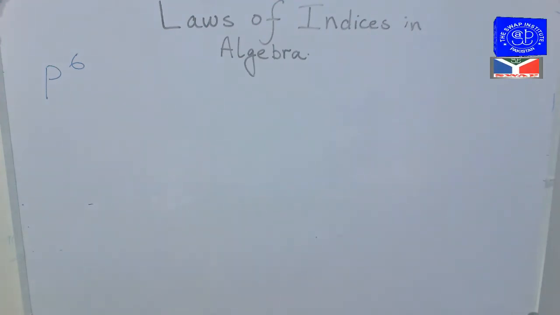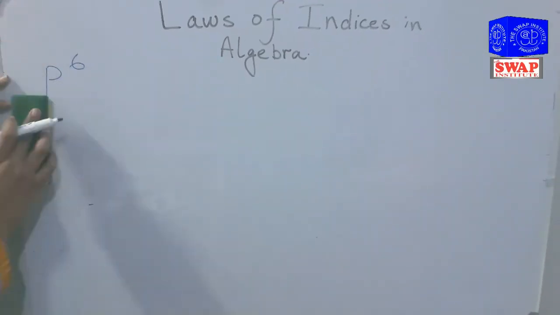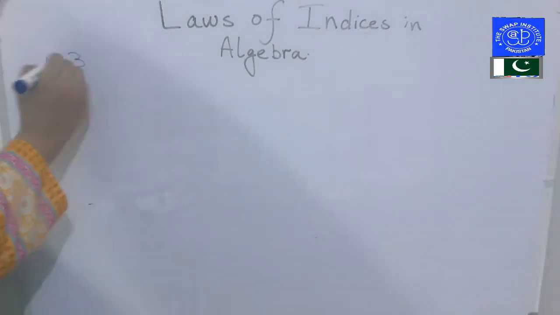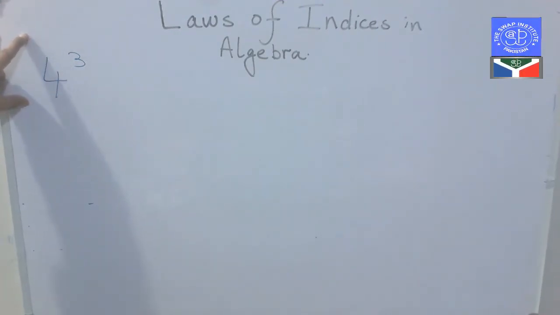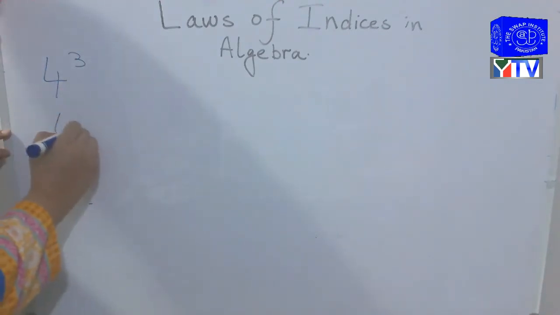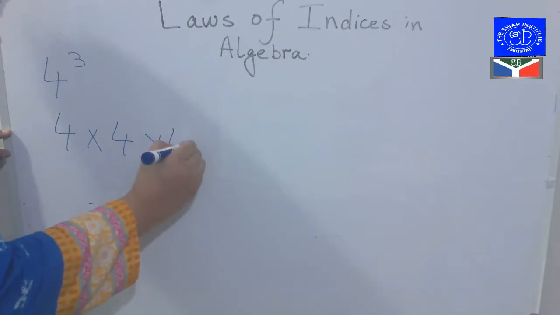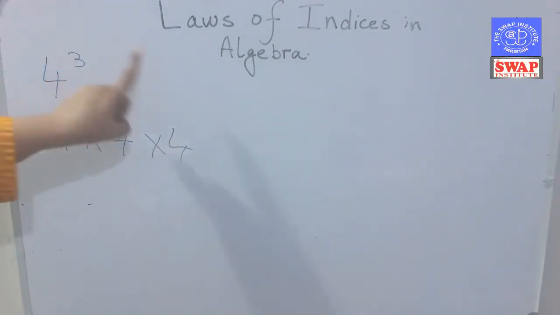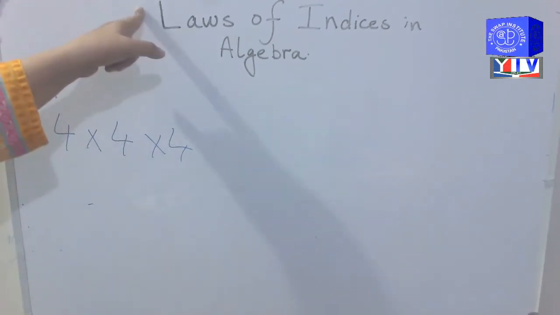It's totally the same. When we were doing it with numbers, we used to write 4 raised to power 3. This is the indices form, and if we want to write this in full form, we write 4 multiplied by 4 multiplied by 4, like 3 times 4. 4 into 4 into 4 means 4 cube, where 4 is the base and 3 is the indices.